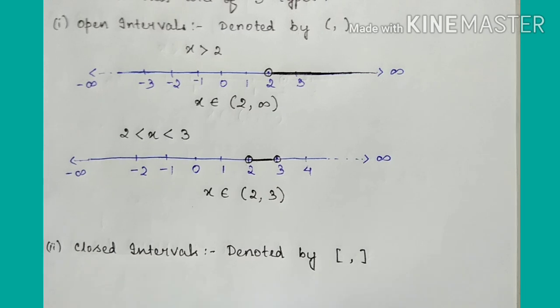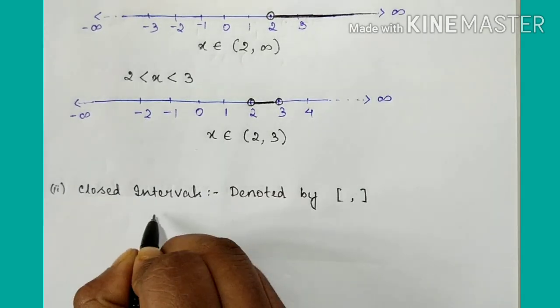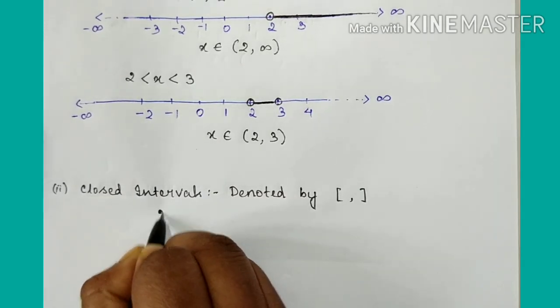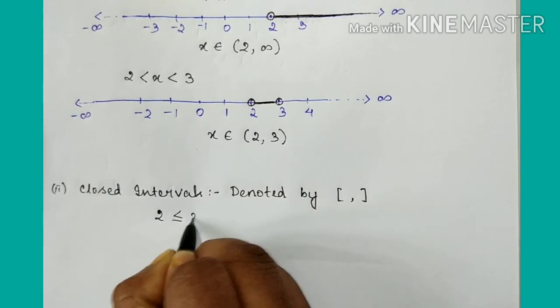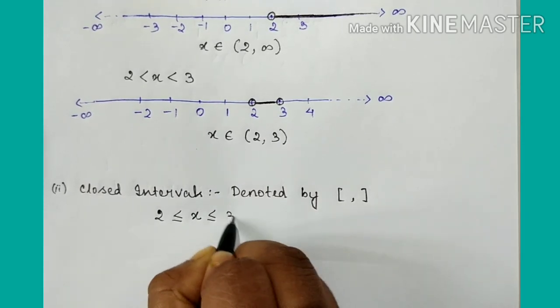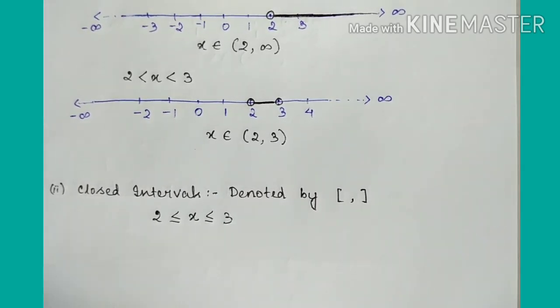Suppose we are given 2 less than or equal to x less than or equal to 3. We draw the number line.